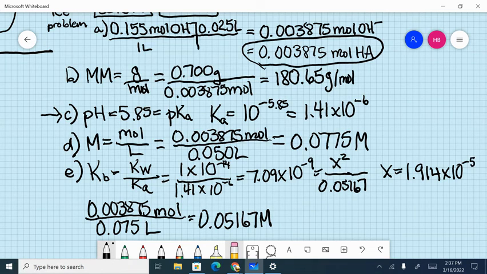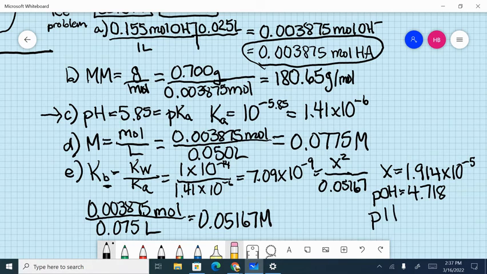This is where we have to be careful because Kb tells us when we get the value for x, that's not going to be the concentration of H+. It's going to be the concentration of OH minus. So when I do negative log of x in this case, it's going to give me the pOH, which is 4.718.